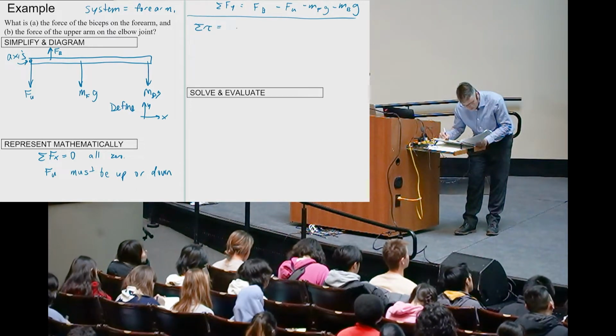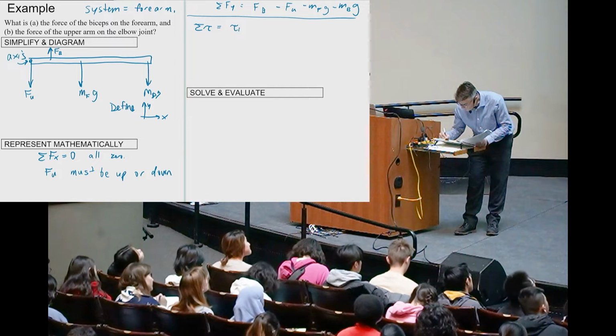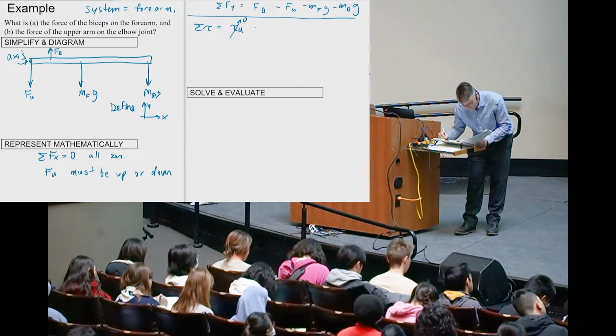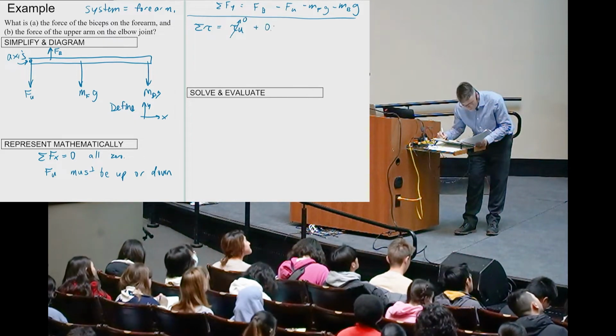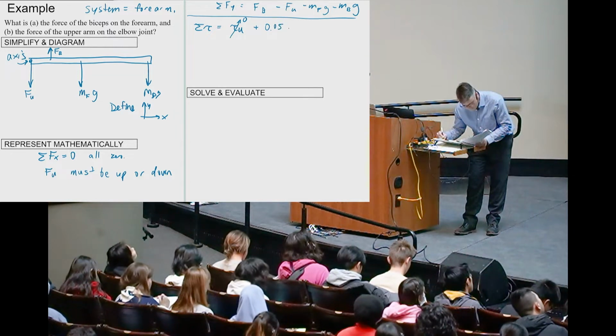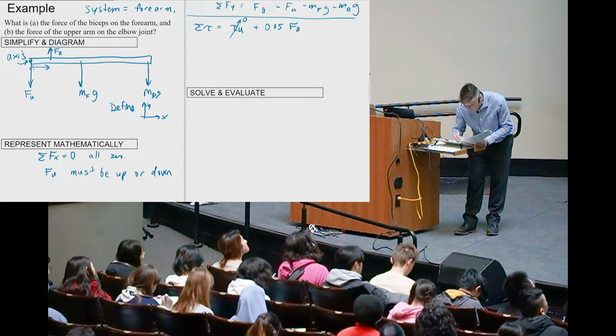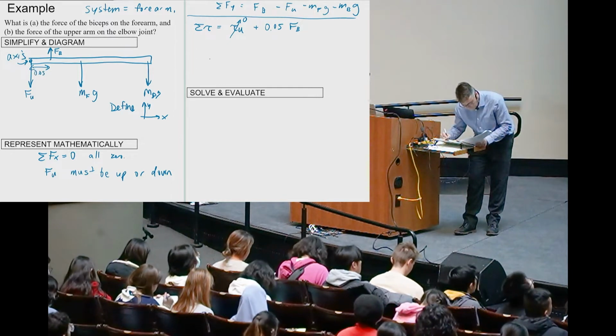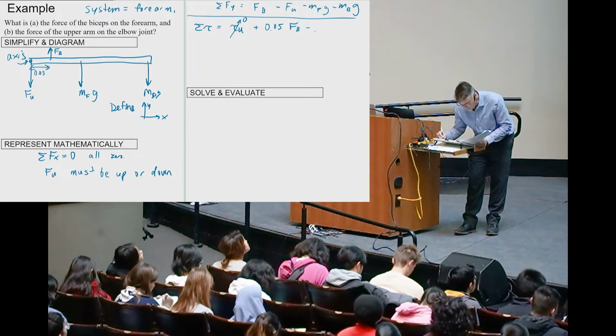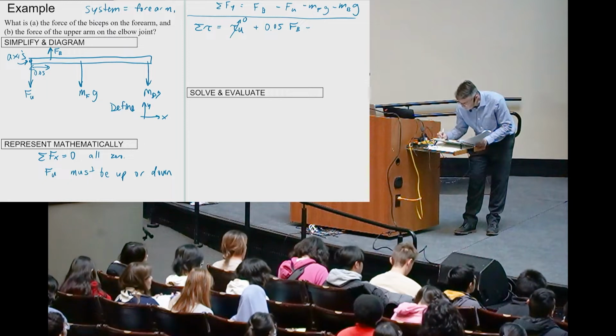Sum of the torques equals the torque from U. This one equals 0, plus 0.05 times FB, because this distance here is 0.05. That's a counterclockwise torque, so I'll put it as plus.